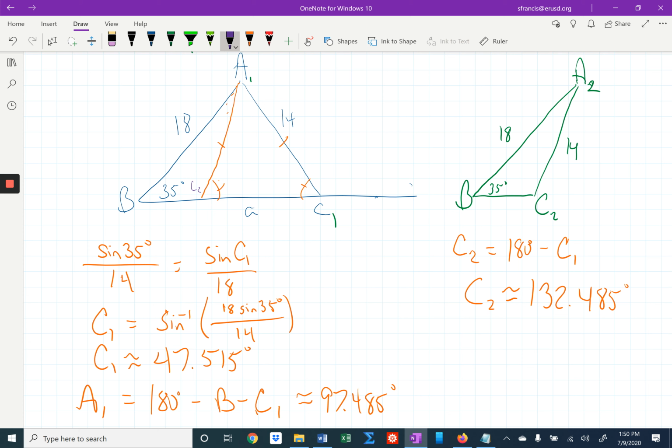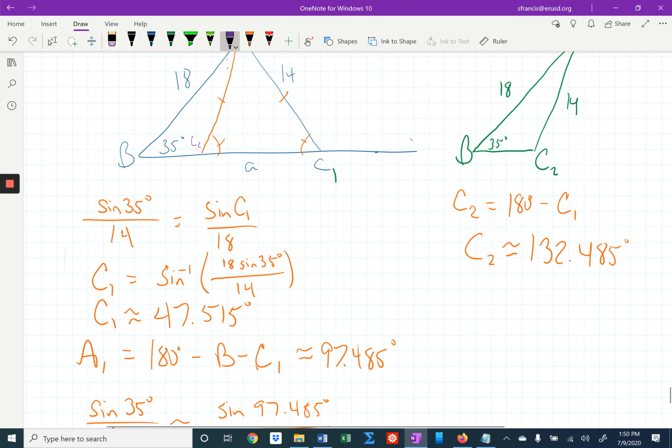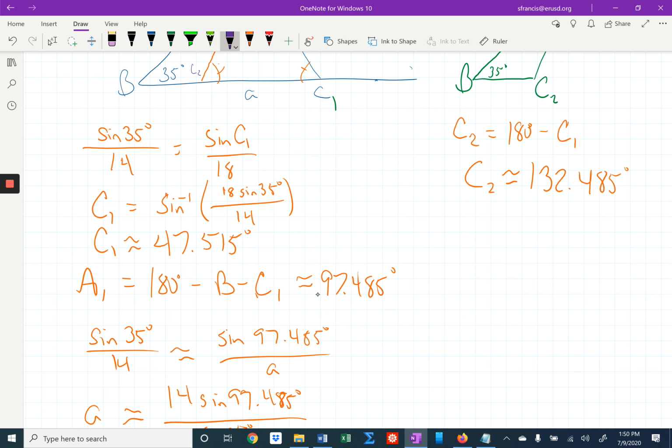Sine of C sub 1 over the opposite 14 is equal to sine of 35 over 14 after you do the algebra. And you get a little bit more than 47.5.